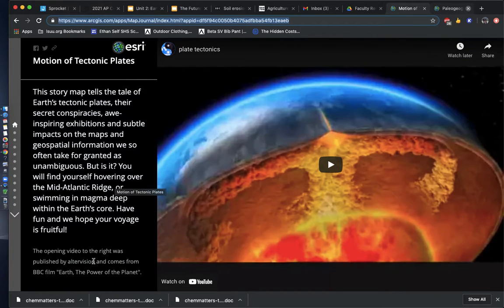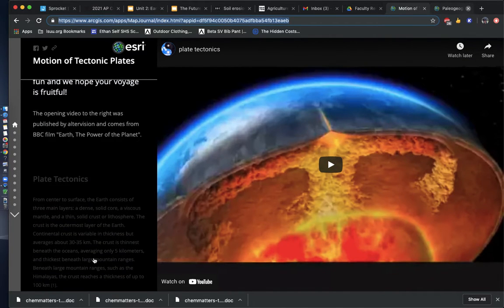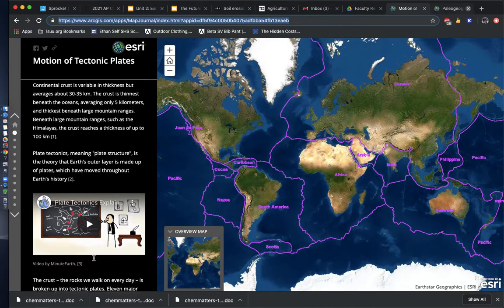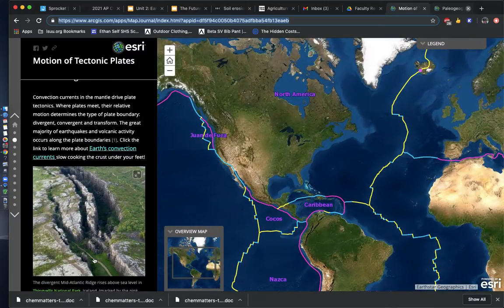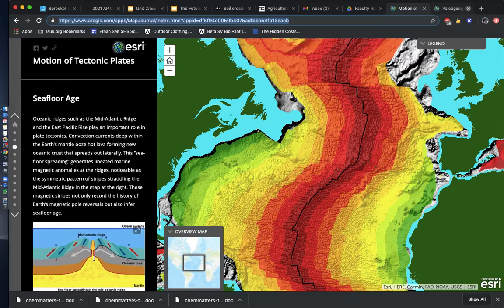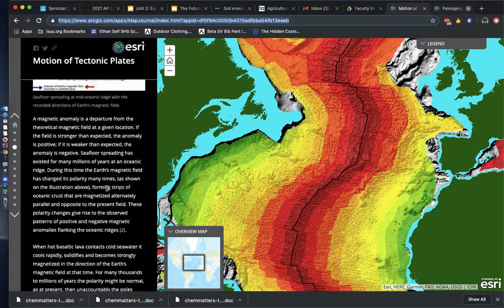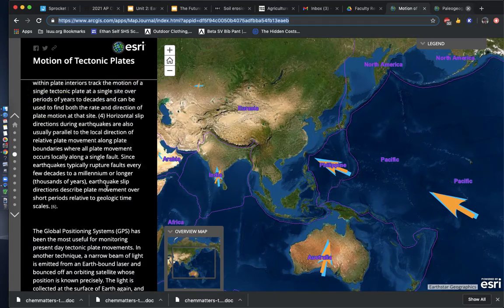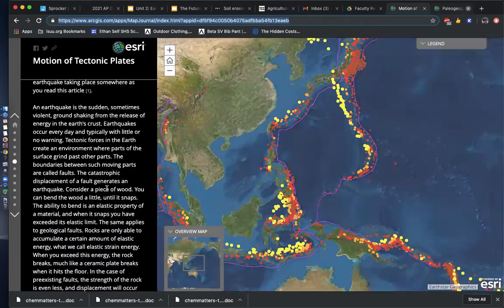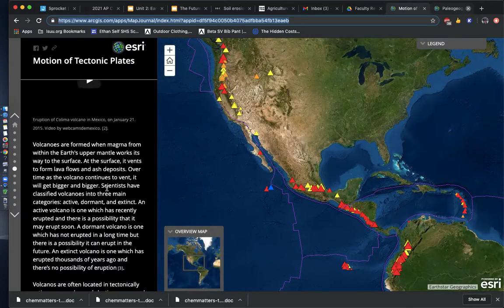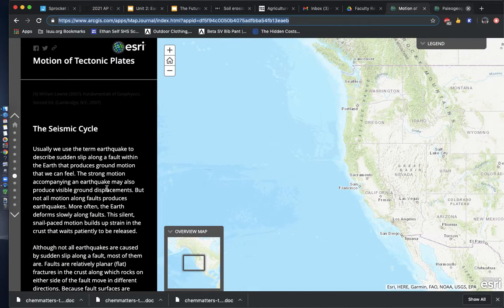So this is a story map, which means it's going to have interactive maps and videos, and this is really just a chance for you to feel good about different ideas maybe related to plate tectonics: how the plate driving process occurs, how we can look at age of different rocks, how we can measure motion, earthquakes, volcanoes. So again, you're just going to be taking parts of this to think about what interests you.